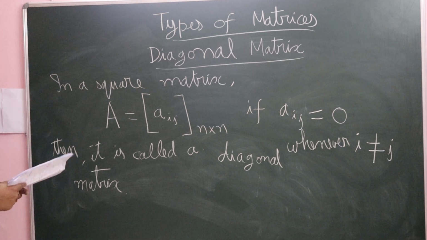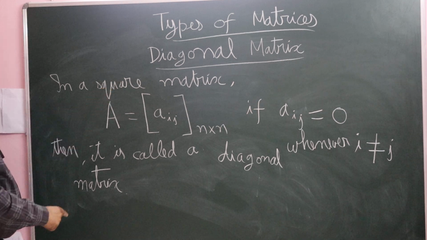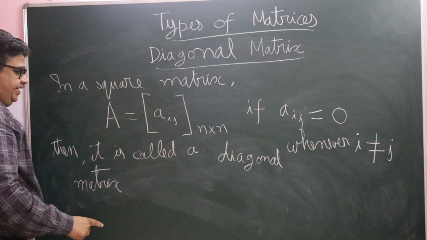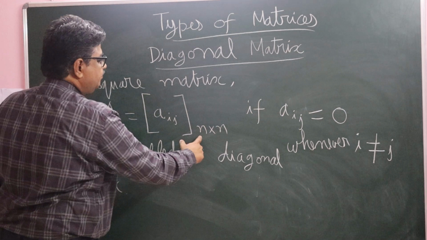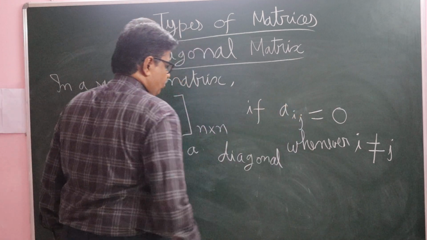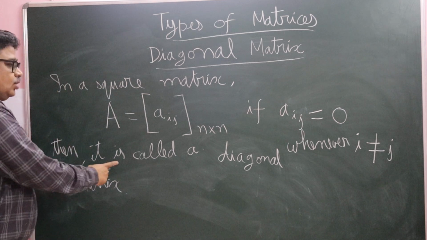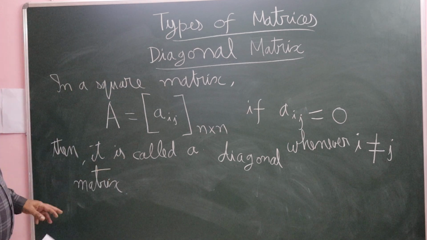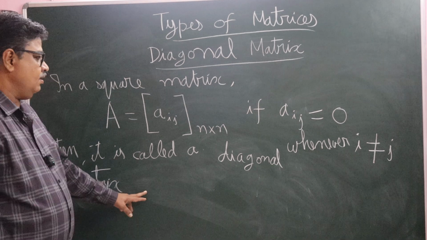Diagonal matrix. In a square matrix, A equal to Aij, n by n, if Aij is 0 whenever i is not equal to j, then it is called a diagonal matrix.